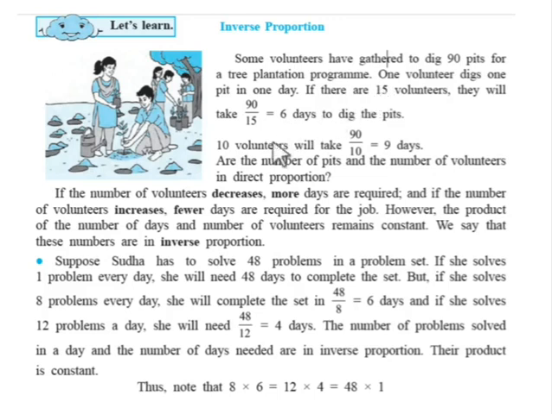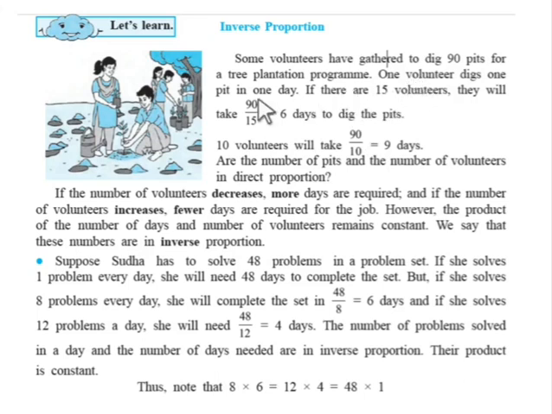Now if the number of volunteers decreases, that is if there are only 10 volunteers, then how many days will they take? Then again we will divide 90 by 10 to get the number of days. That is, 10 volunteers will take 9 days to dig 90 pits. Now in these cases you will see as the number of volunteers is increasing, the number of days it takes is decreasing.